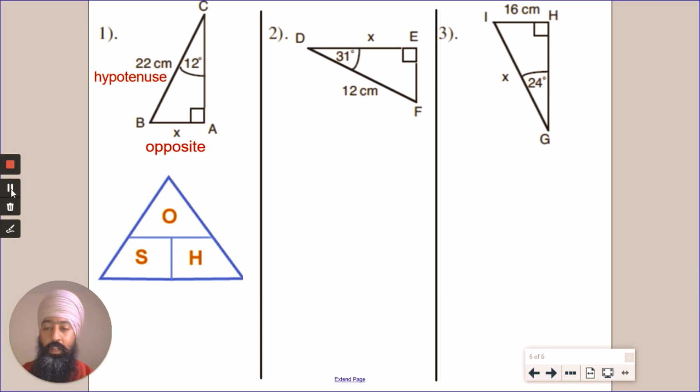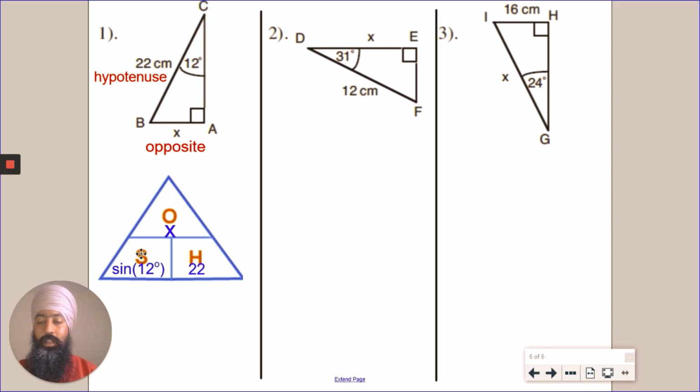Okay, so my final step is to substitute the values into the triangle and then calculate what x is. Substituting the values into the triangle looks like this. The opposite is x in blue. The hypotenuse is 22 centimeters. I will put 22 here. And the angle is 12 degrees.